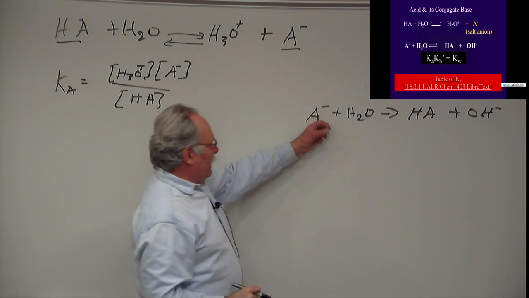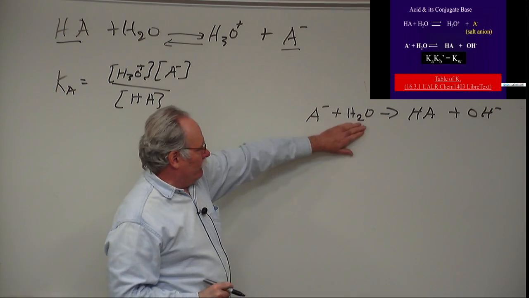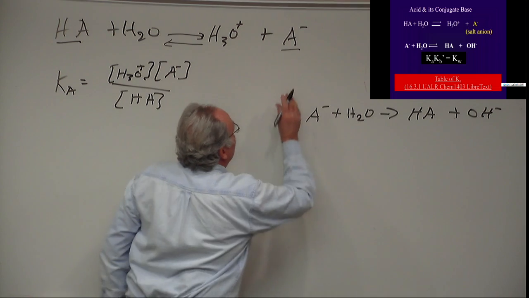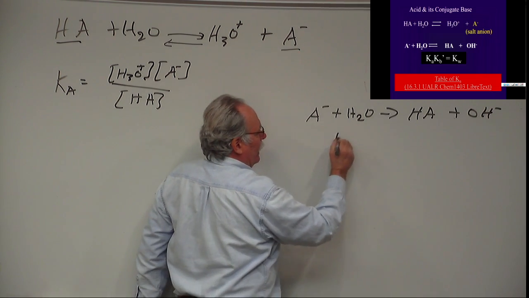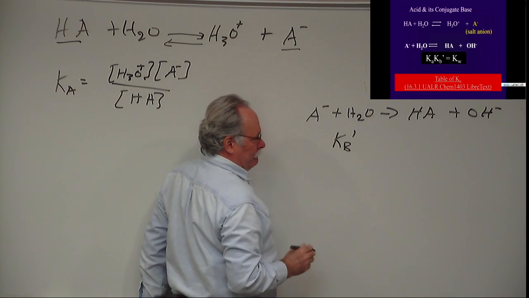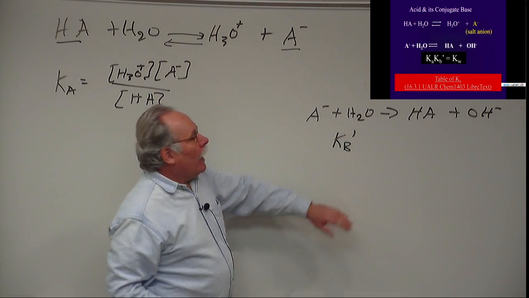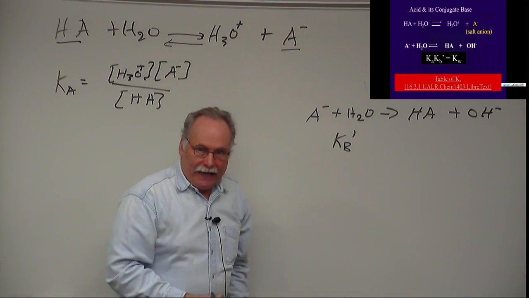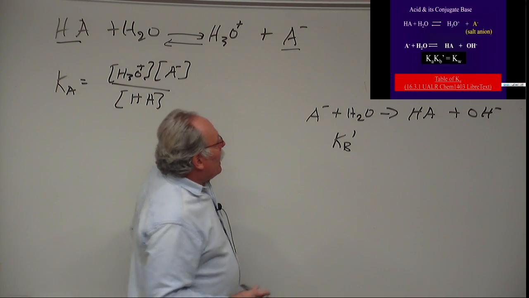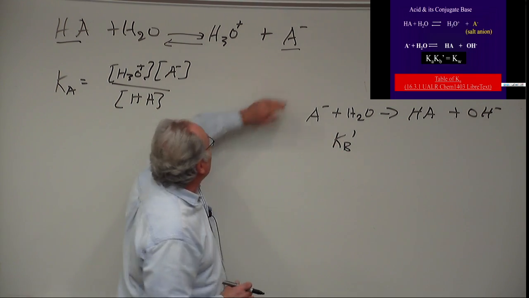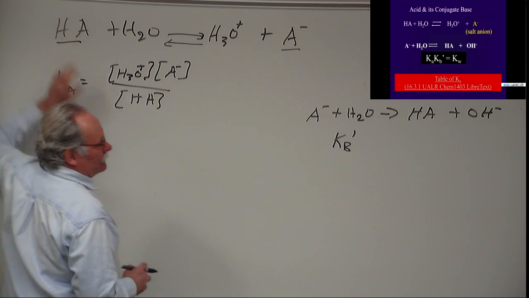So the anion grabs a proton from the water, forming HA. And because this is the conjugate, I'm going to say Kb prime. Most folks don't use the symbol prime here, but realize we have tables of Kb's, and we typically don't tabulate the Kb of a conjugate, we tabulate it of its acid.